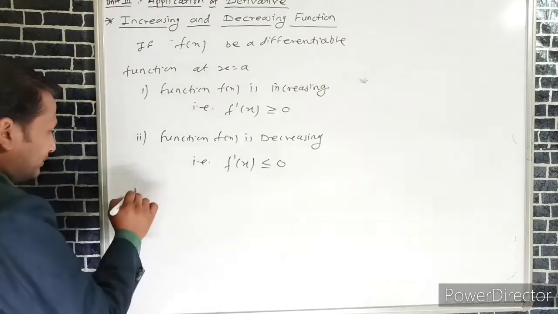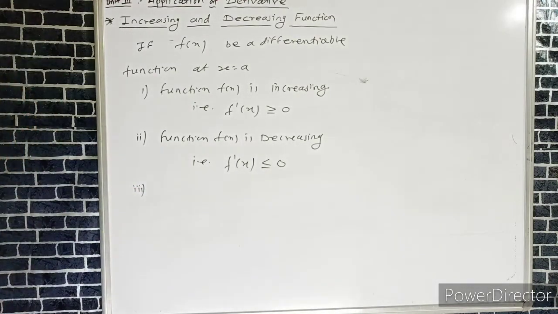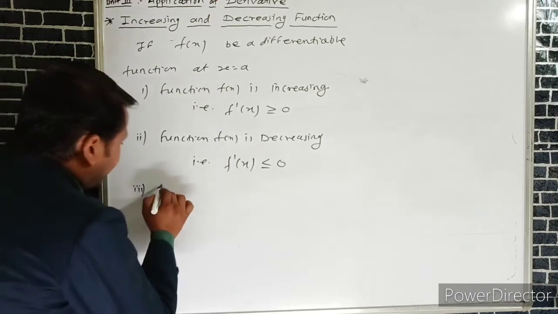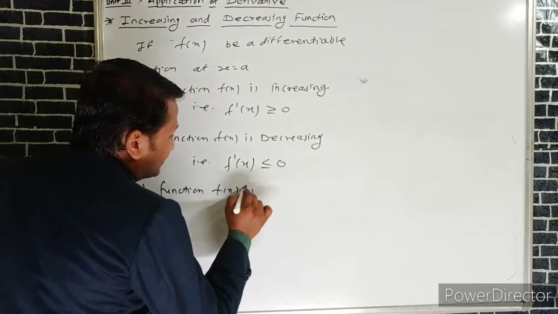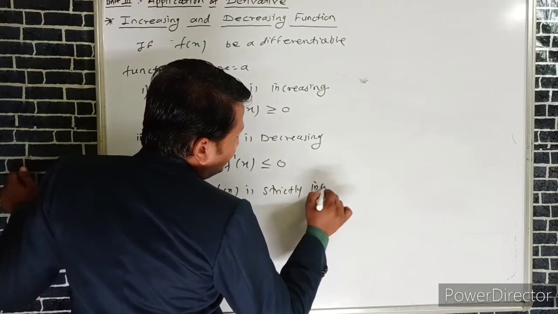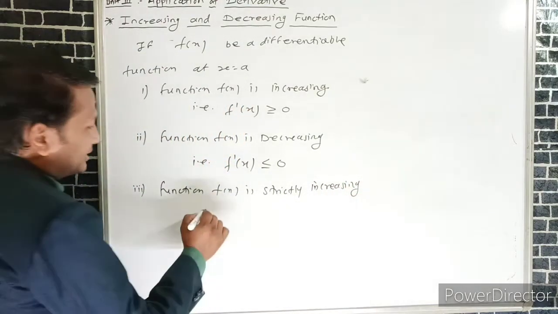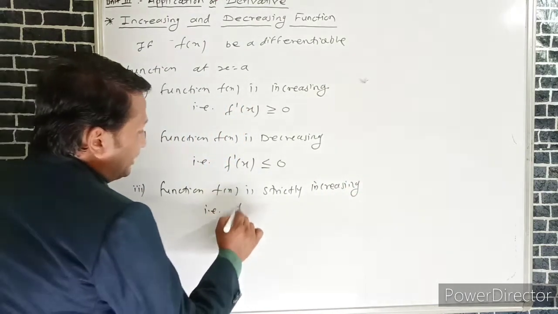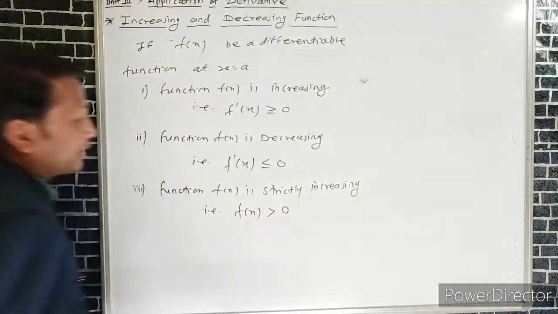The third condition: if the function f of x is strictly increasing, then f dash of x is strictly greater than 0, not equal to 0.